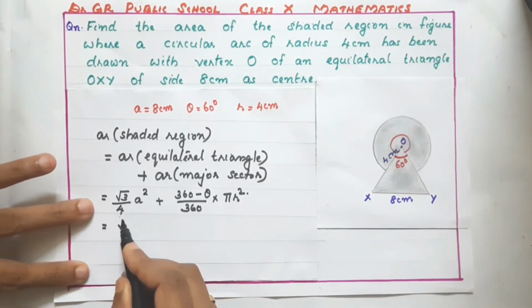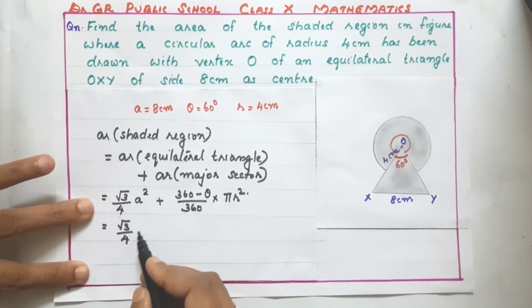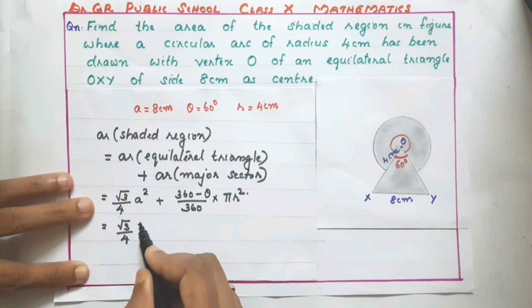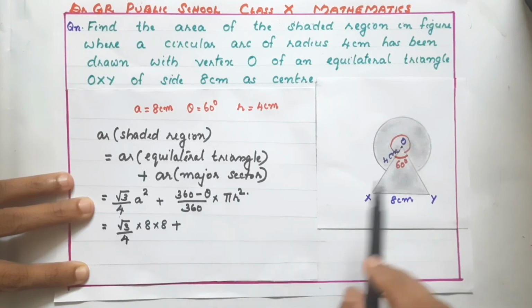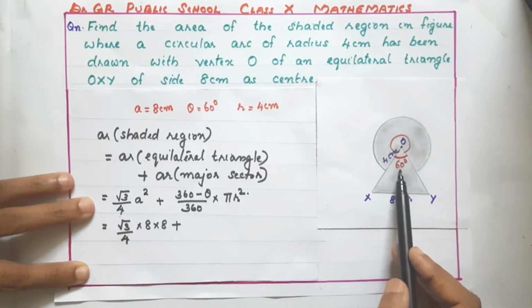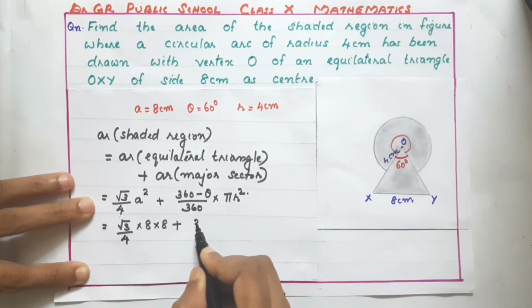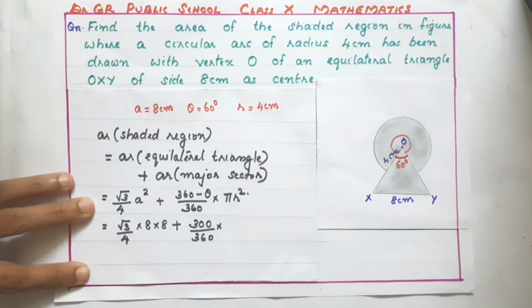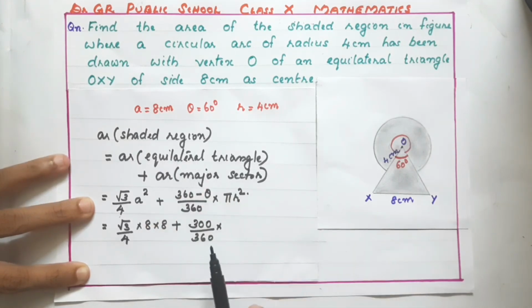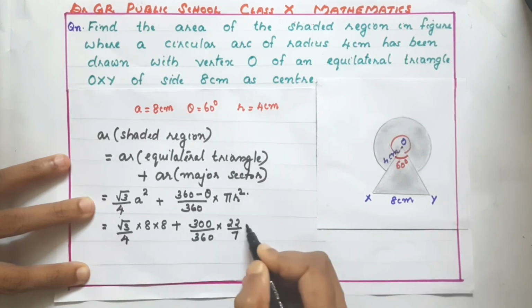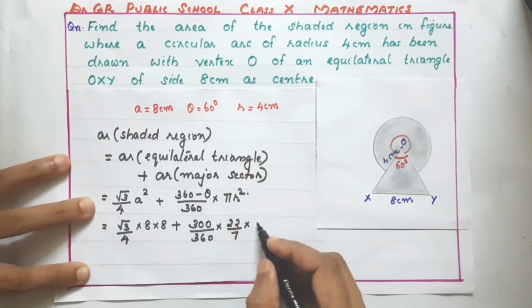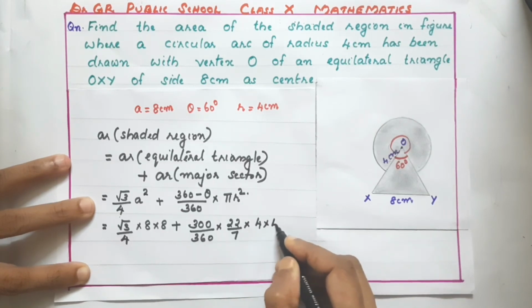Now root 3 by 4 a square is root 3 by 4 into 8 into 8, plus 360 minus theta, that is 360 minus 60. What is 360 minus 60? 300 by 360 into pi r square. Nothing is given about pi, so we can put 22 by 7 into, what is r? 4 centimeters, so 4 into 4.